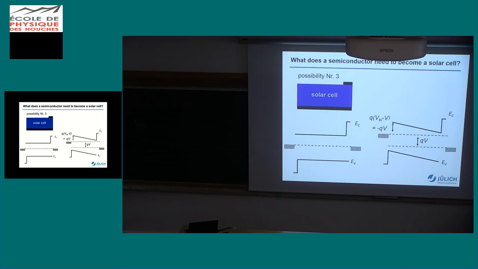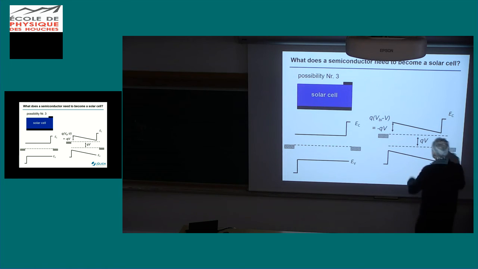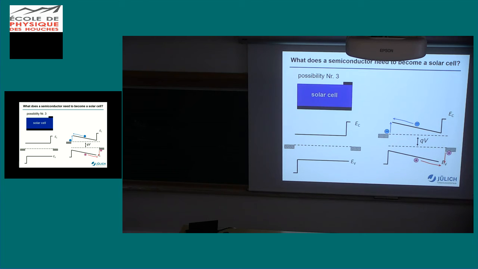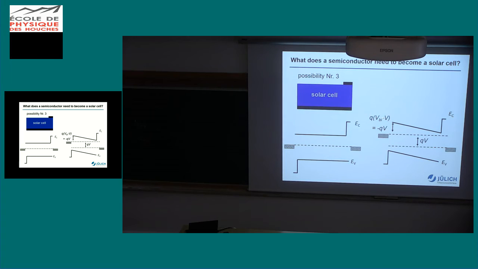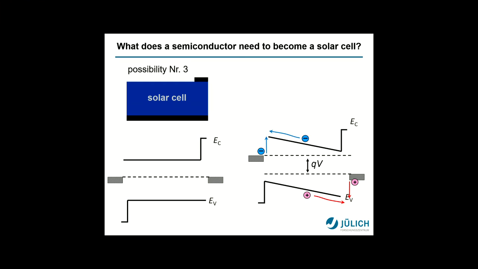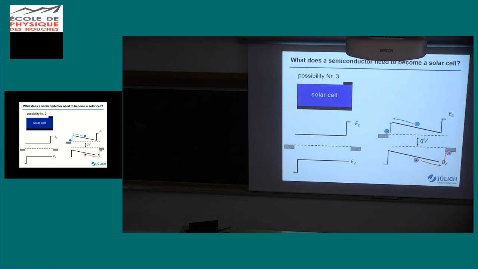Okay, now possibility 3, and that's the question: what is happening with the built-in field if there is none, but you apply a voltage? Then you get this situation, and the built-in field in the end is negative. Everything that you get as a voltage adds as a barrier to get the electrons out. It's still possible if the electrons are very, very mobile, mobile enough to get through thousands of atoms.